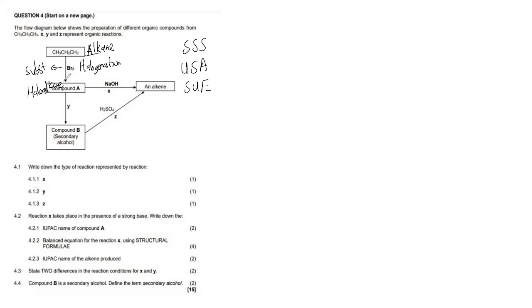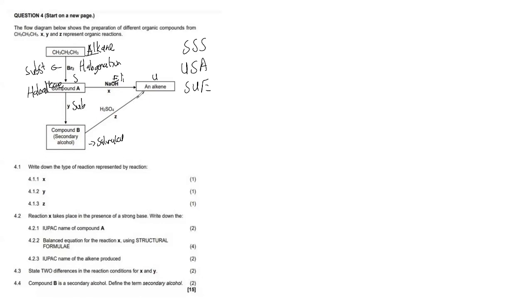But if it's moving from a saturated compound through reaction X to an alkene, which is unsaturated, then from saturated to unsaturated means reaction X has to be an elimination. Note, we are still just analyzing here. This is a saturated compound, and then it goes to an alcohol, which is saturated as well. So reaction Y has to be a substitution.